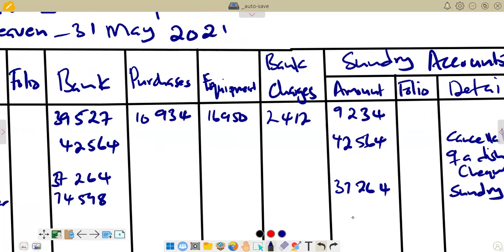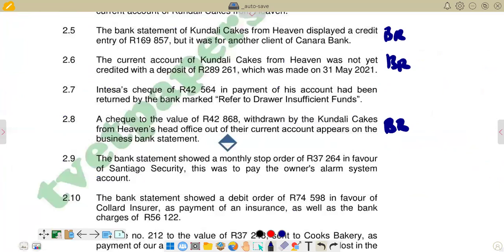Then under details, remember this, you can just try to go back to find the description of what was being paid. We are being told that this was insurance. It was payment of insurance.